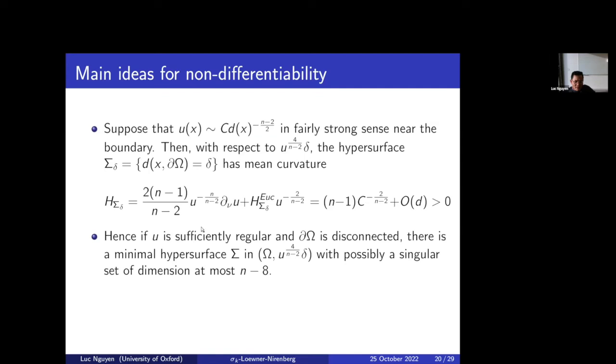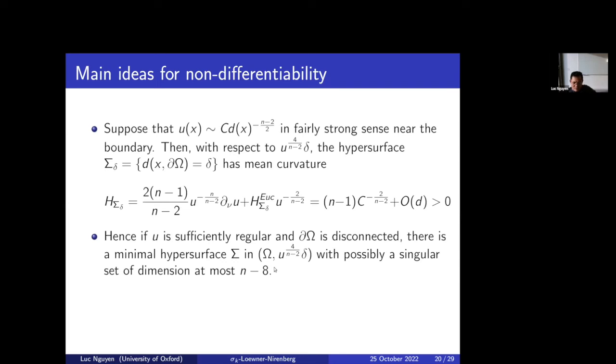So now that means that if the solution U is nicer than, say, differentiable, and if the boundary of omega is disconnected, then at each component of the boundary we have these mean convex surfaces. We could use them as barriers to construct a minimal hypersurface sigma inside.